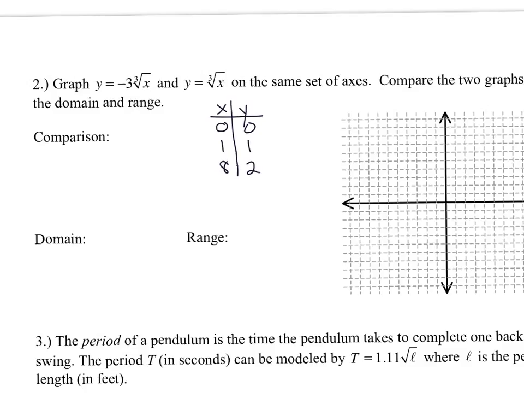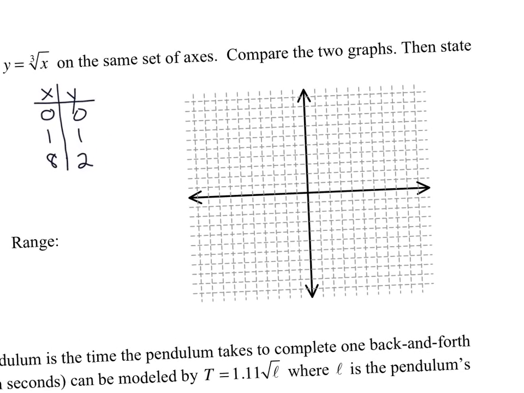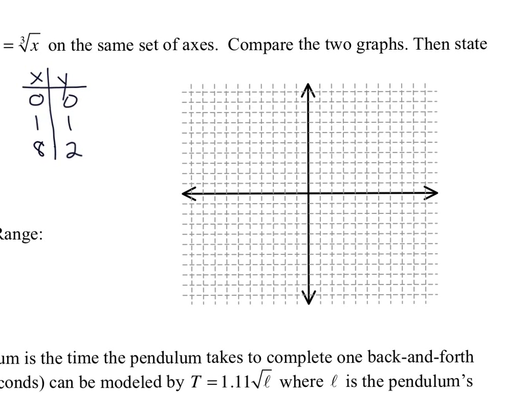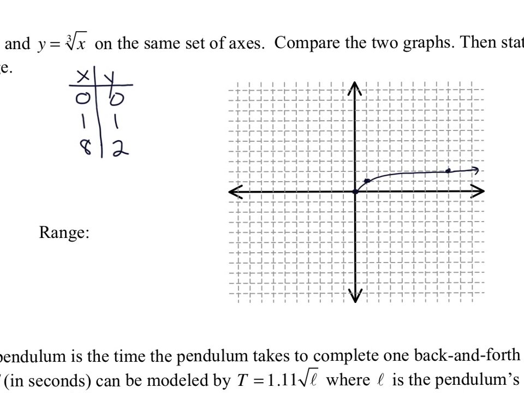So we'll graph that. So 0, 0, 1, 1, and 8, 2. Now remember, a cube root also goes in the other direction, so we're going to go ahead and choose some other points to add on to here. We can choose -1, because the cube root of -1 is -1.